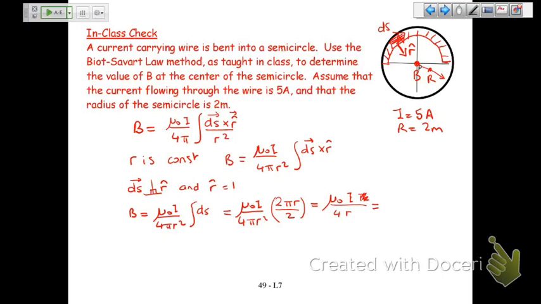So in this case, it's going to be mu naught I, what was I? 5 over 4 times r. R was 2. So in a test, I would write this down as 5 over 8 mu naught, which equals, and I go 5 divided by 8, 0.625.